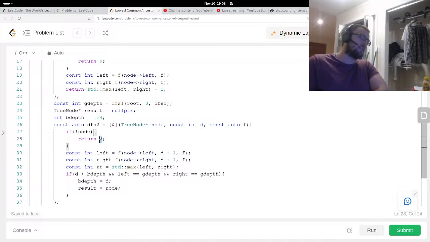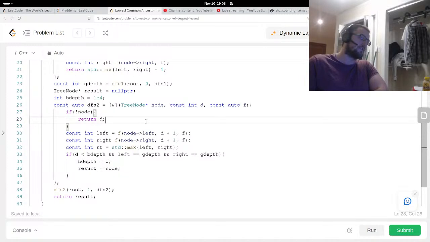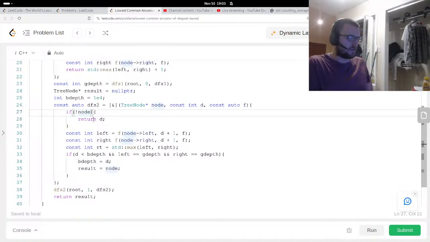Yeah, that's actually not quite what I want. It's more like not node and not node left and not node right. This should return D, right?